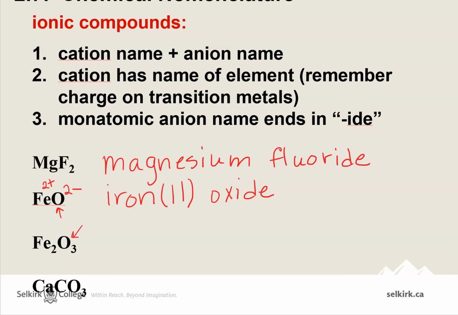Each oxygen has a -2 charge, and there are 3 of them. So the total negative charge is -6. So the total charge from the iron has got to be +6, but because there's 2 irons, each iron must be 3+. So the name for this is iron 3 oxide.